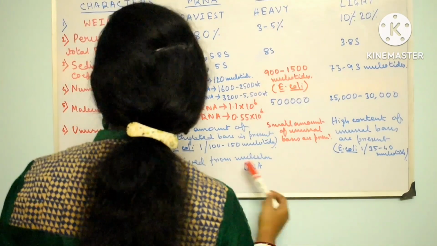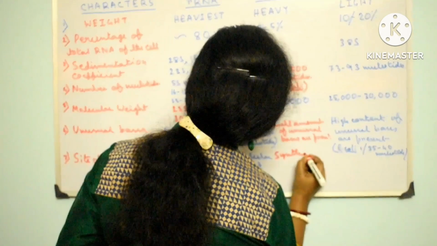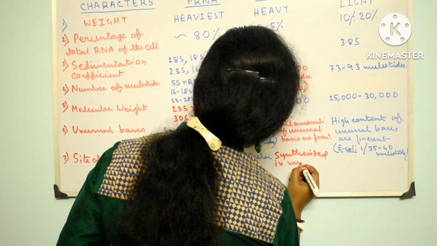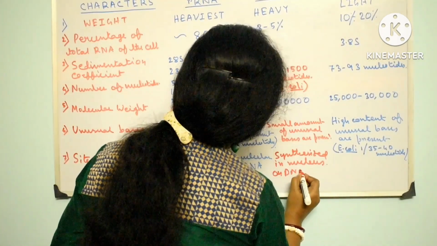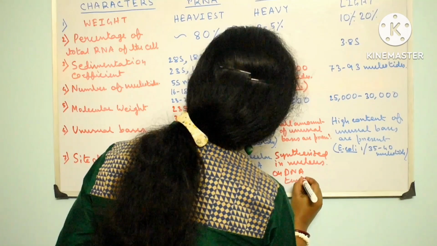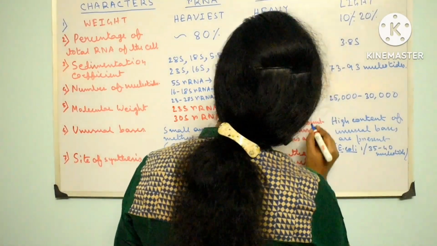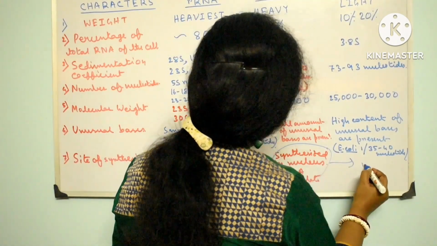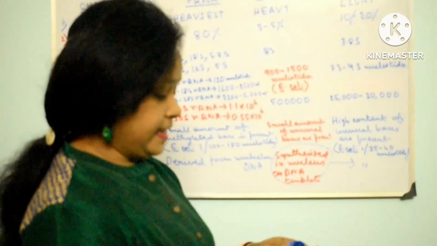In case of mRNA, it is synthesized in the nucleus on a DNA template. tRNA is also synthesized in the nucleus like mRNA, on a DNA template, the same as here.